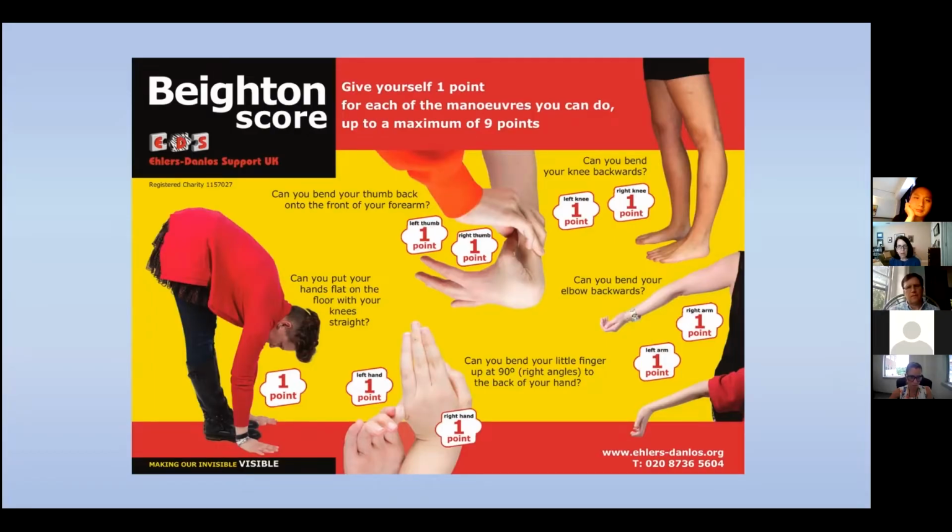And then the 9th point is if they're able to put their palms on the floor with their knees straight. So you get 1 point for each side for the knees being more than 10 degrees in hyperextension, elbows being more than 10 degrees in hyperextension, and the fifth finger metacarpophalangeal more than 90 degrees, and the thumb to the forearm.